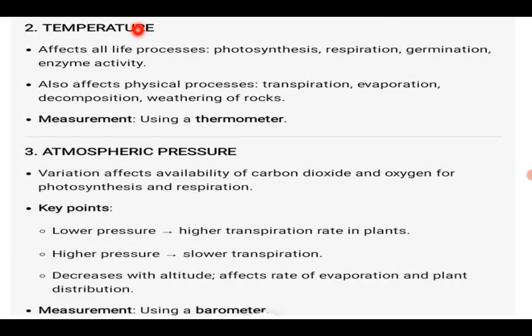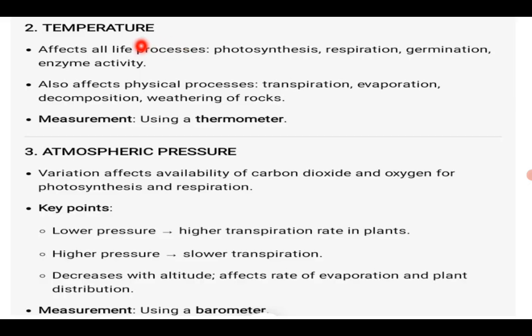Another abiotic factor, non-living factor, is temperature. Temperature affects all the life processes, namely photosynthesis, respiration, germination of seeds, enzyme activity. It also affects physical processes such as transpiration, evaporation, decomposition, and weathering of rocks.